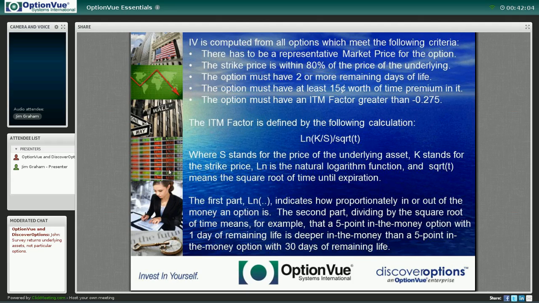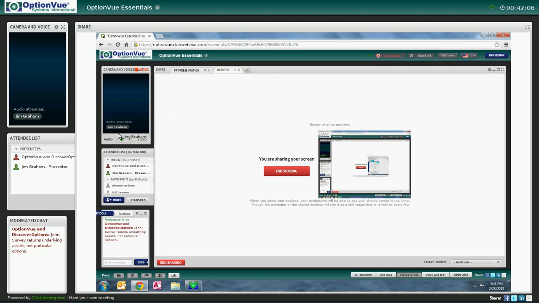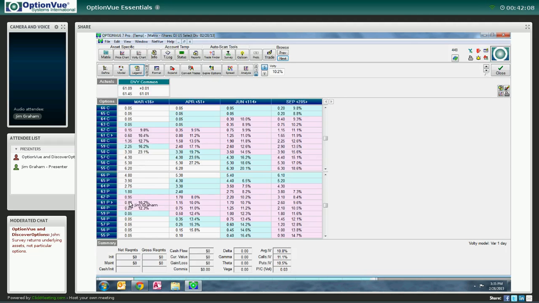You can see right here is the at-the-money strike, 61 call and the 61 put. It's trading at 61.09. And you have this pink shading. This pink shading is 1 standard deviation. The blue shading is 2 standard deviations.